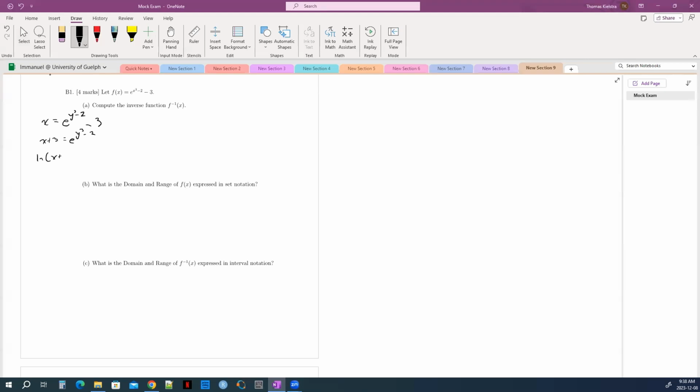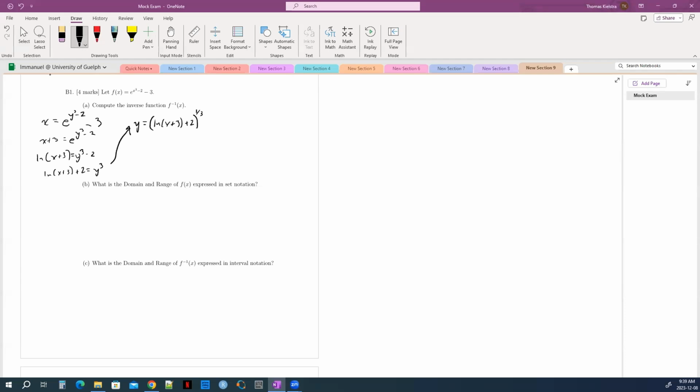Ln of x plus 3 equals y cubed minus 2. Ln of x plus 3 plus 2 equals y cubed. So y equals ln of x plus 3, plus 2, all to the 1/3.